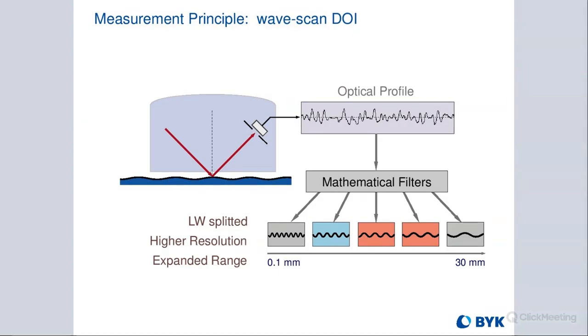In order to capture all the new technologies in the industry, we've broken the optical profile down into much tighter categories. This is an example of what you can see from 0.1 millimeters to 30 millimeters.